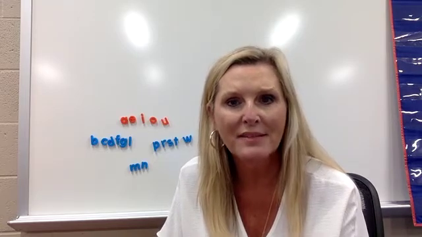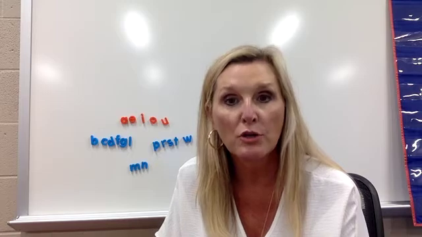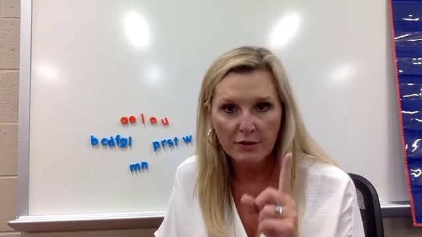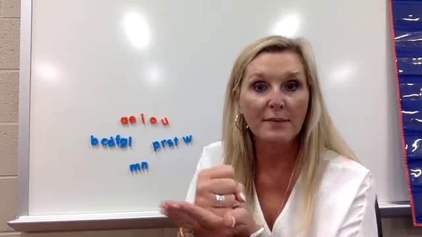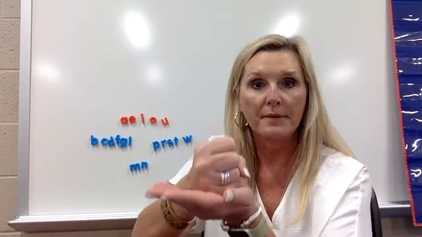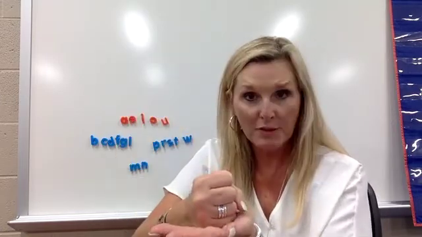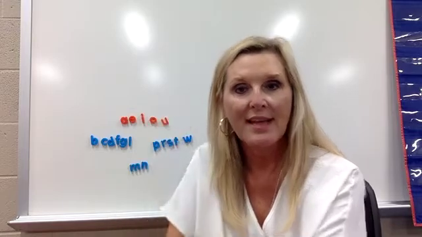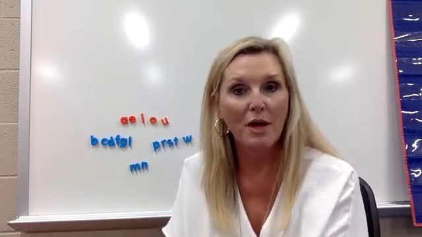Say stump. Think about what your mouth is doing when you say the word stump. Good. The first thing we do is pound the syllables. So watch me. Stump. Do it with me. Stump. Do it by yourself. How many times did we pound when we said the word stump?